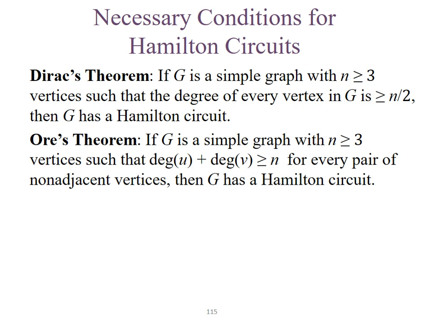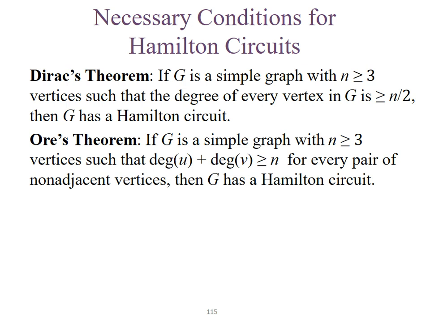Okay, so these are all the conditions. G is a simple graph with the vertex number larger or equal to 3. So this is the first condition. And then we need every vertex degree of G to be larger than n divided by 2. For example, if we have 4 vertices in G, it satisfies the first condition, n is 4.